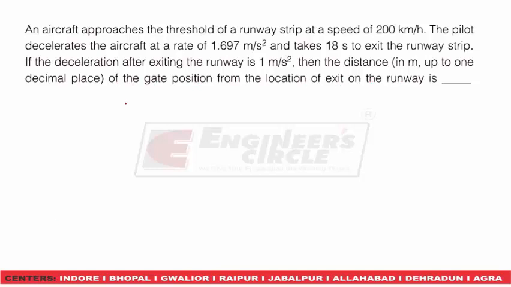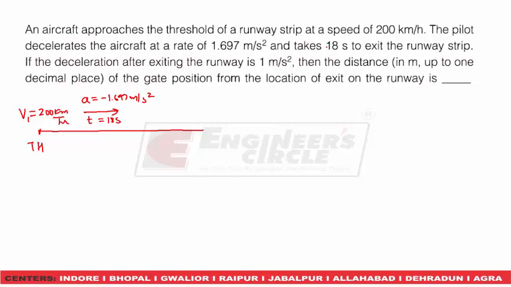So the situation is like this. Suppose this is our runway and the aircraft approaches the threshold. This is our threshold point. At this point the speed of the aircraft is 200 km per hour, and on the runway the aircraft decelerates, that is negative acceleration of minus 1.697 meter per second square, and the time required is 18 seconds.